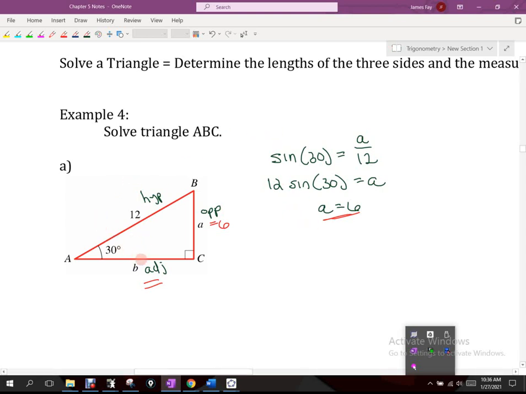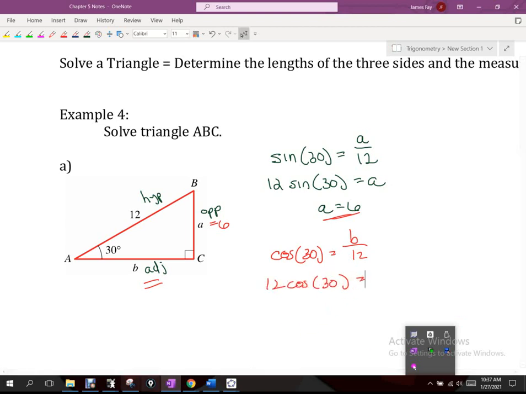So let's go ahead and use adjacent and hypotenuse. Which trig ratio uses adjacent and hypotenuse? Cosine. So I have cosine of 30 is equal to adjacent, B, over 12. So B is 12 cosine 30.